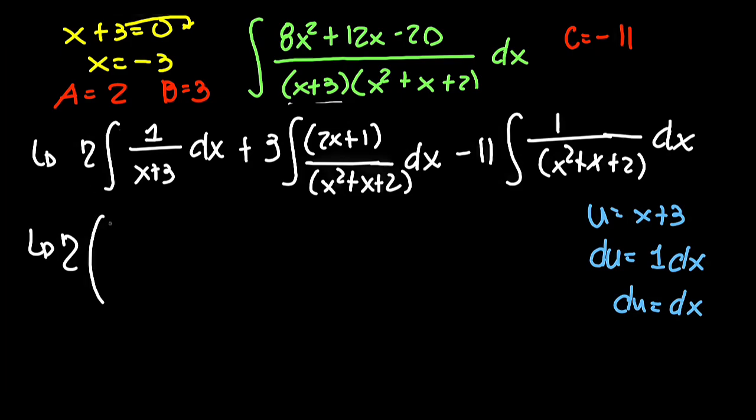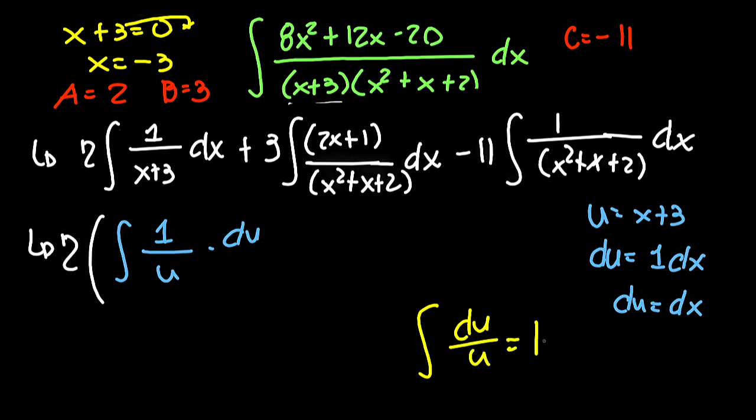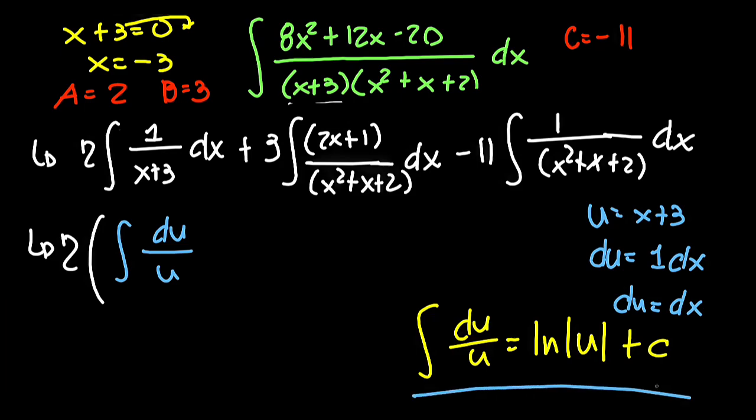By substituting that, it would be the integral of 1 over u multiplied by dx here, which would be equal to du. And why did we do this? Because we have the formula of logarithm, wherein the integral of du over u would be equal to the natural log of absolute value of u plus c. Note that we can simply multiply du by 1, which makes this du over u. And it follows the formula here.